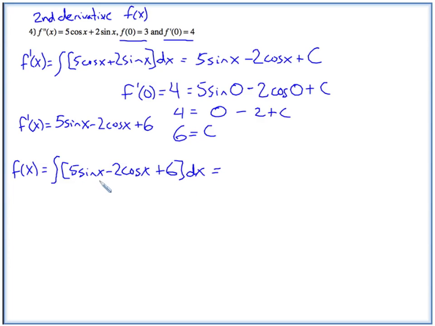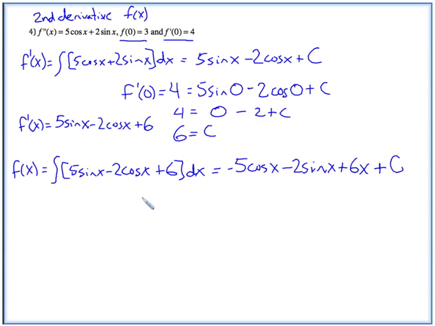The indefinite integral of sine is negative cosine, so we get negative 5 cosine x. The integral of cosine is sine, so we get negative 2 sine x. And then the integral of 6 is just going to be 6x. This was indefinite, so we're just going to go plus c.